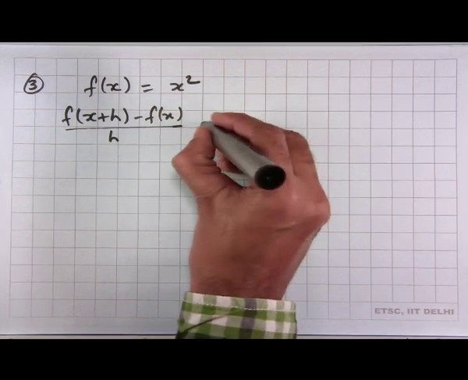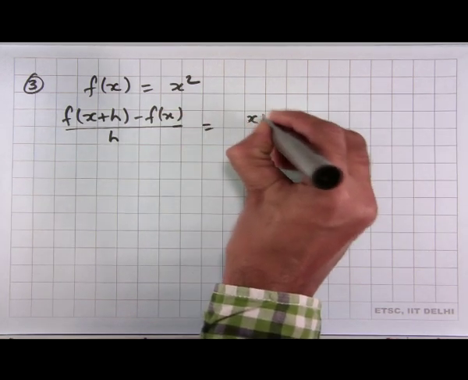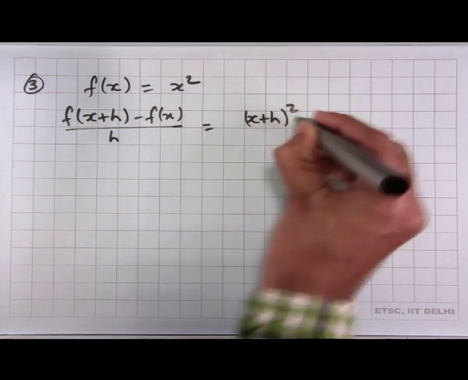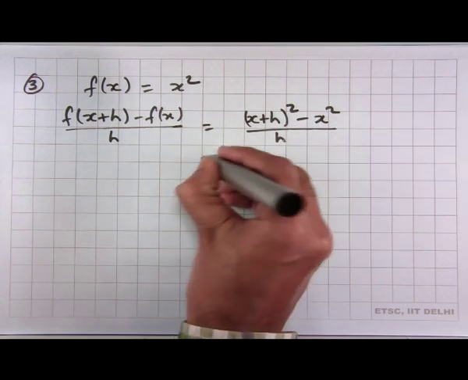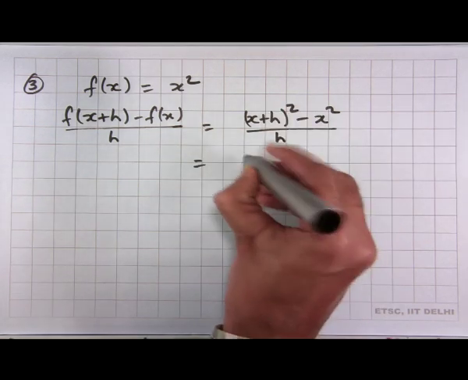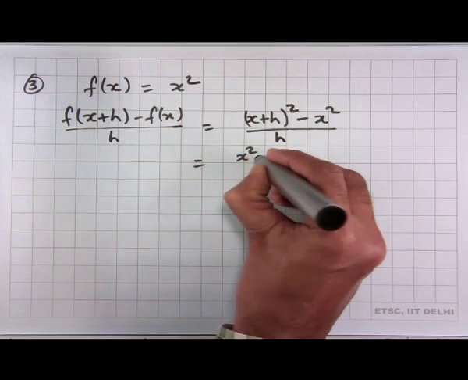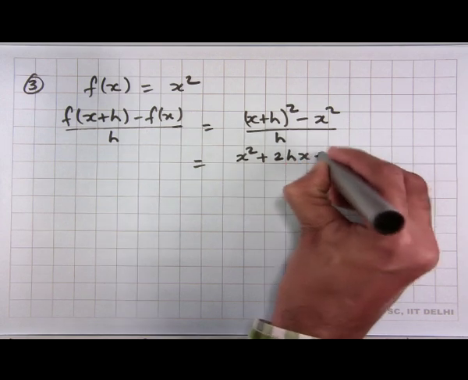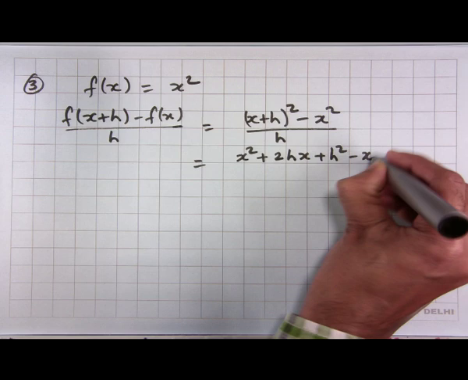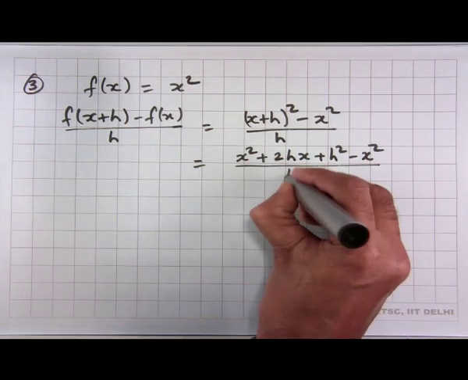So, this is equal to x plus h square minus x square divided by h, and then we write x plus h square as x square plus 2 h times x plus h square, minus x square, divided by h.